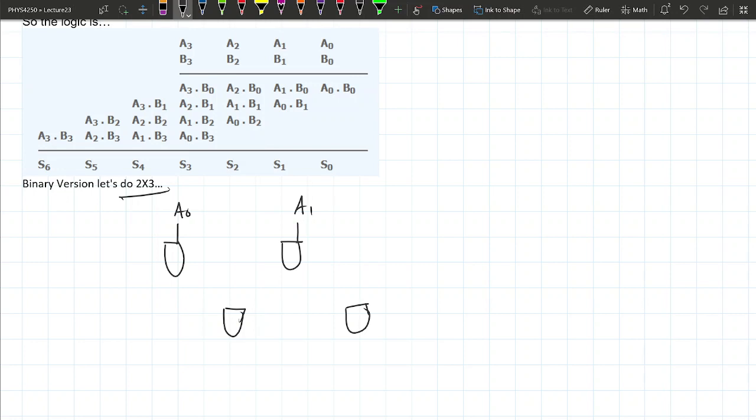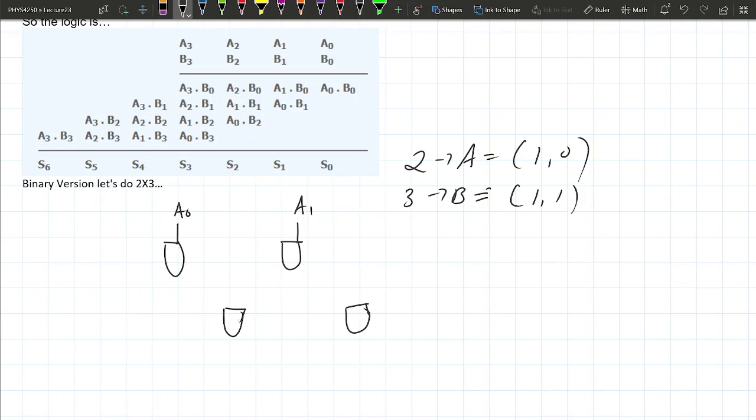The second input, so this A, let's just do that. So 2, we're going to make that into our A, and in binary that's a vector of 1, 0. And then 3, we're going to make that our B, and in binary that's 1, 1.